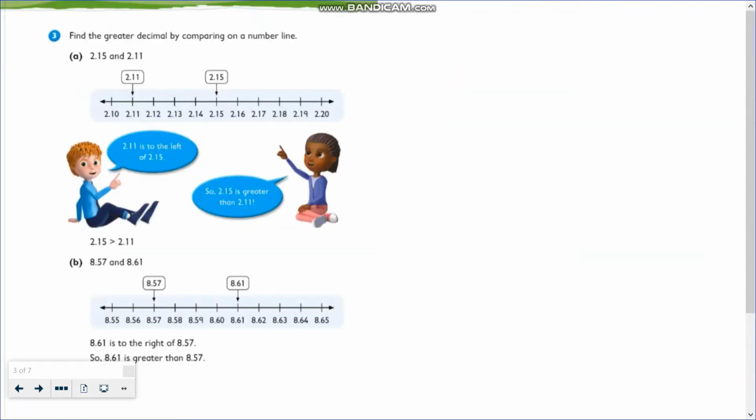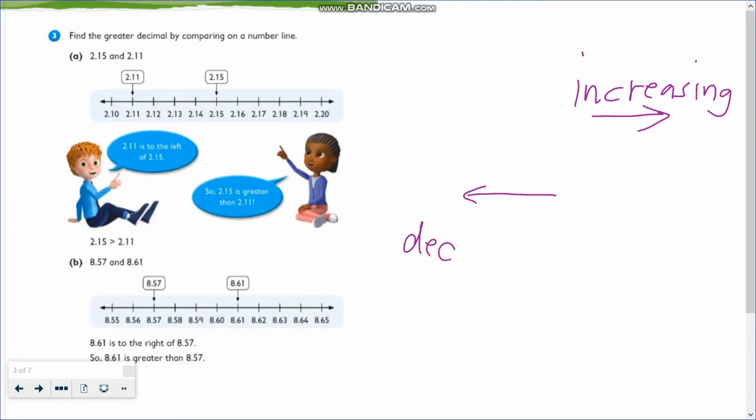Third example, find the greater decimal by comparing on a number line. We all know that if we count forward or going to the right, the numbers are increasing. So if it is going to the right, it's increasing. While if we count backward or we go to the left, the number is decreasing.